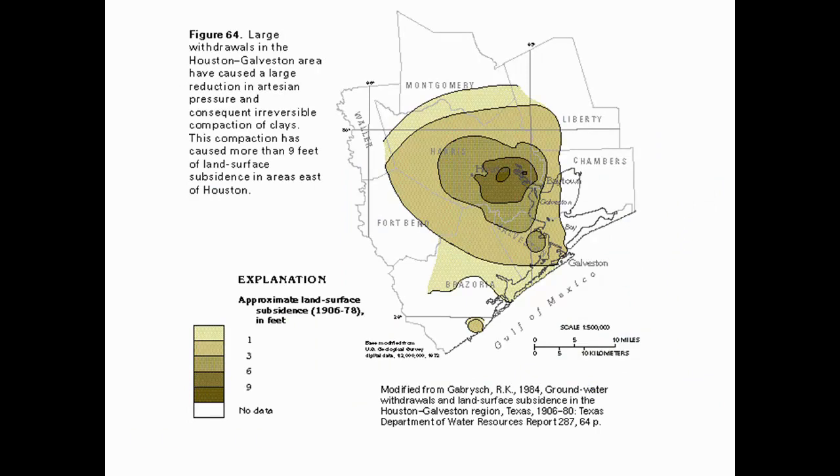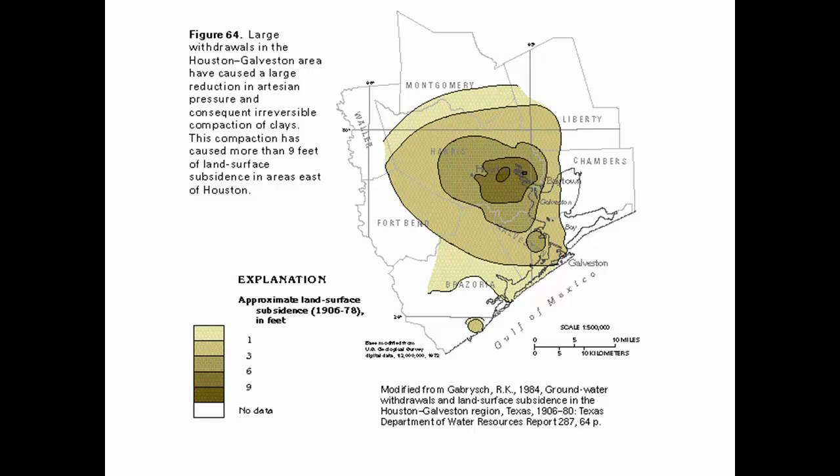This map, for example, shows the net result of land surface subsidence that has occurred in and around Houston between 1906 and 1978 as a result of the lowering of the water table.